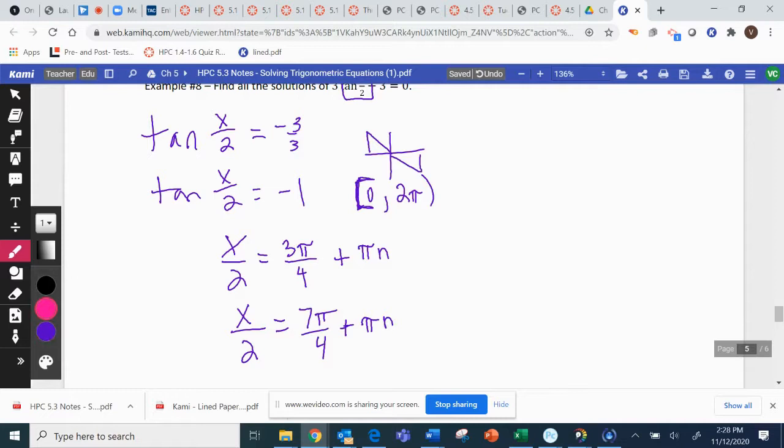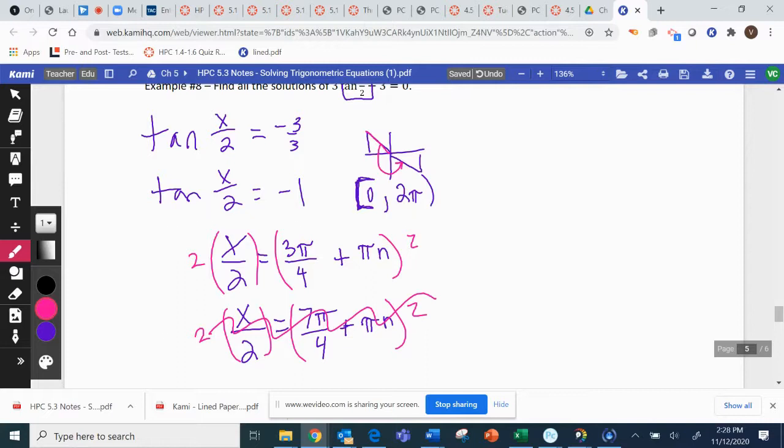But once we actually solve it for x, what do I need to do to solve for x? Right, we're going to multiply both sides by 2. Oh, wait, it's tangent, though. So I don't even need the second one. Sorry, my bad. I wasn't even thinking. So it's tangent. I only need the first one because the other one already is pi.